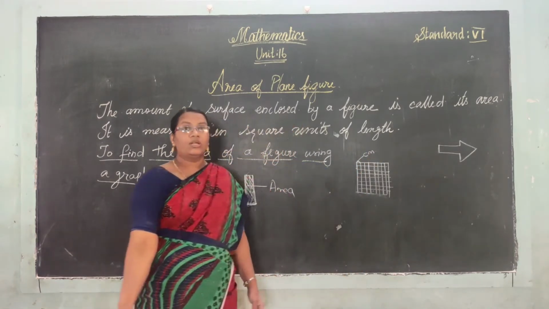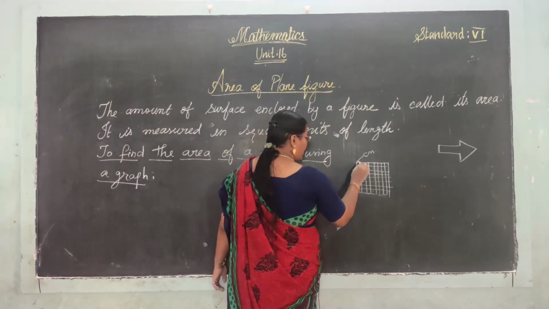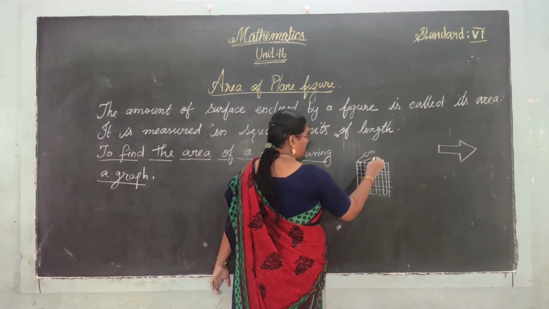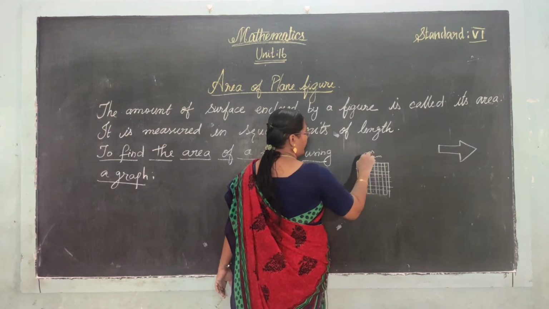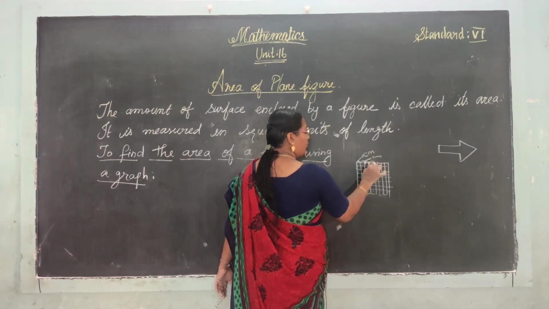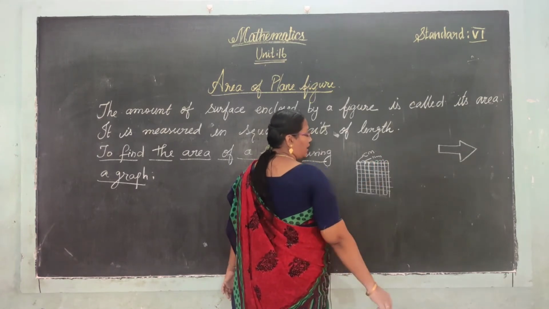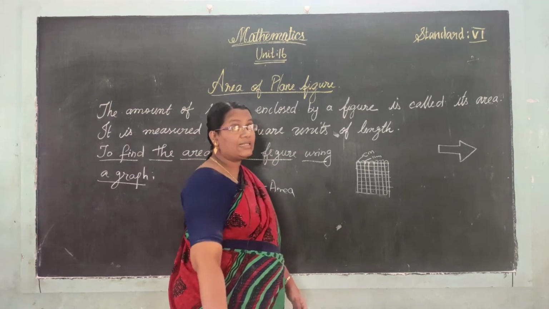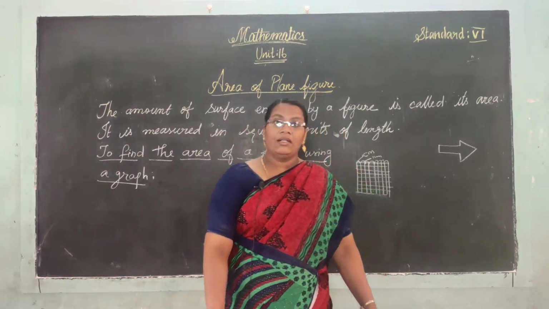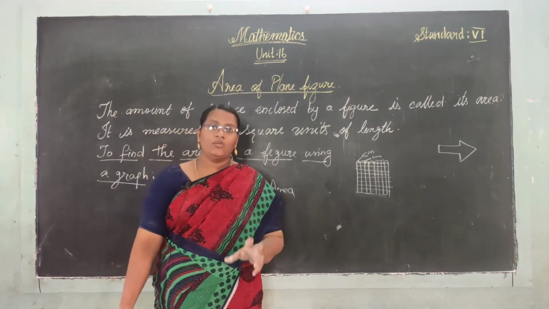Each one is 1 centimeter. This is another one, the unit is 1 centimeter. So 1 2 3 4 5 6 7 8. Just like we have to count the distance of the figure, then we calculate the area of the particular object.